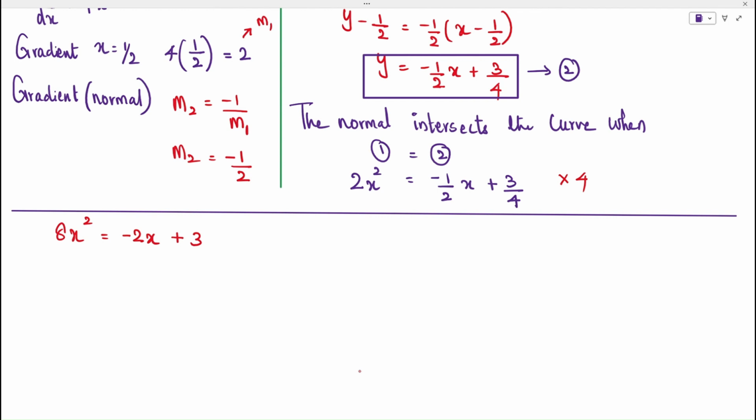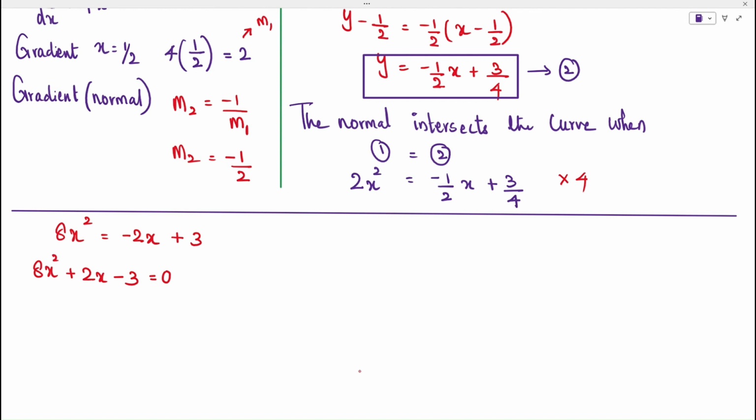And so now that we've removed all the fractions, we can rearrange our equation. So we get 8x squared plus 2x minus 3 is equal to 0. And now we've formed a quadratic.